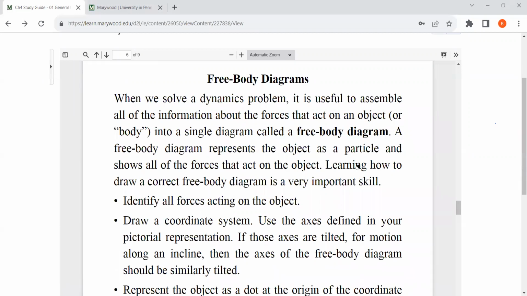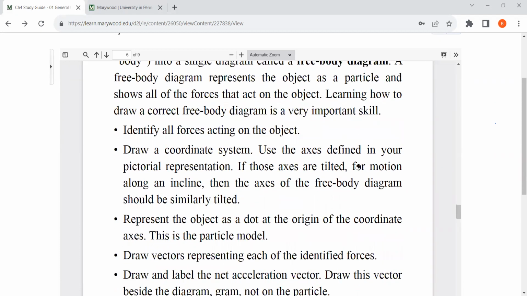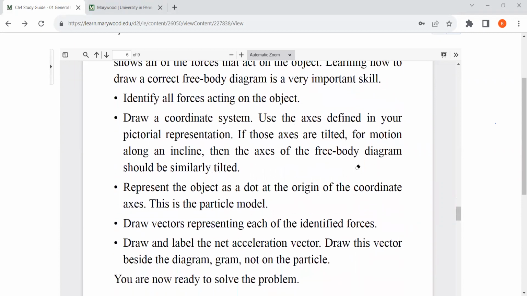So what is the free body diagram? A free body diagram represents the object as a particle and shows all of the forces that act on the object. There are some rules we have to follow when we draw a free body diagram. Here I summarize it, and then let me explain what I mean. In a free body diagram, we have to identify all the forces that act on an object.